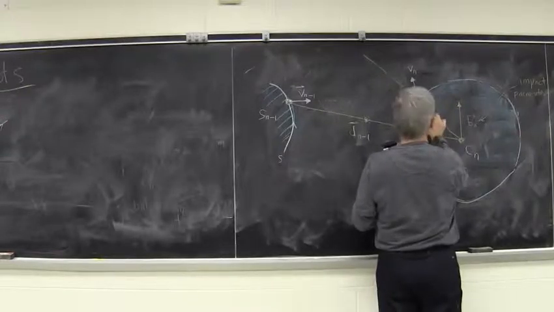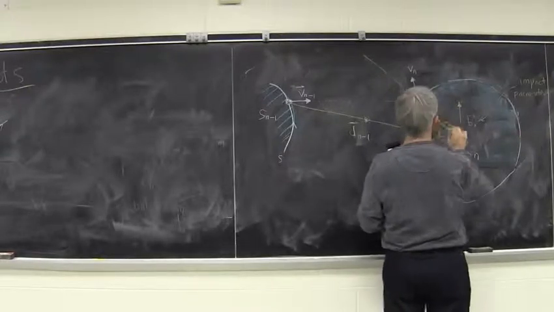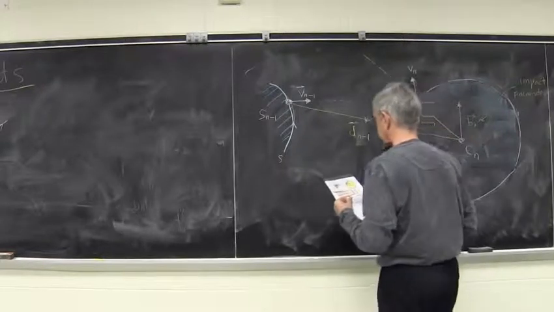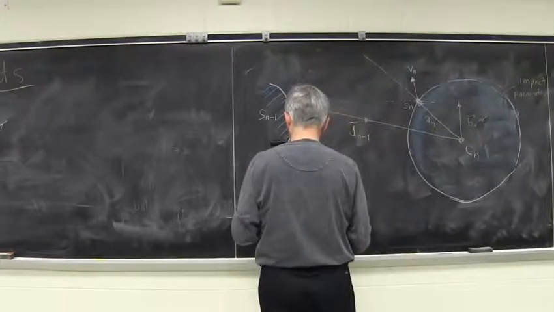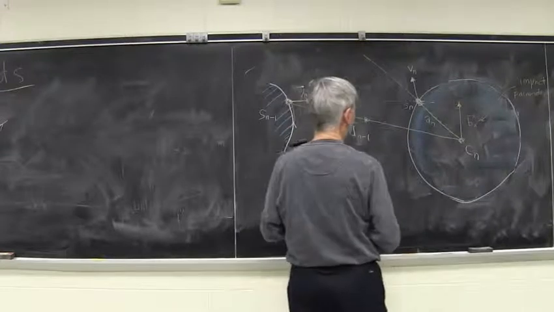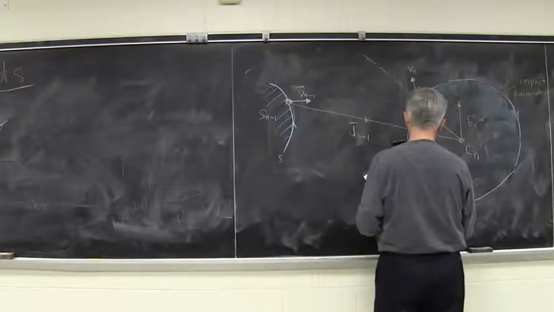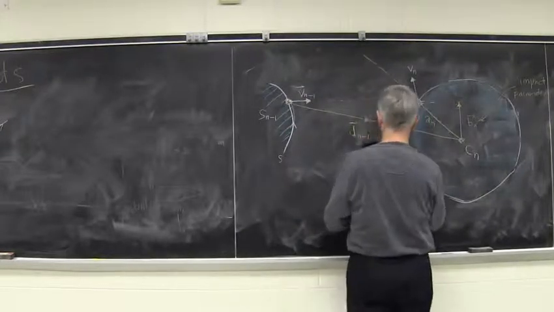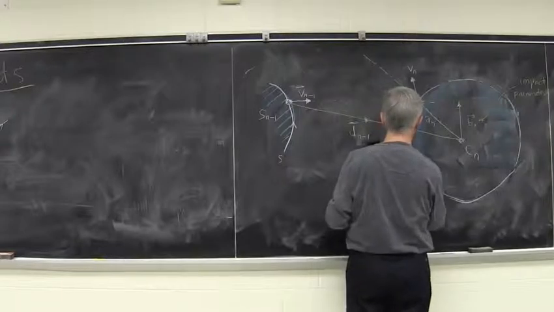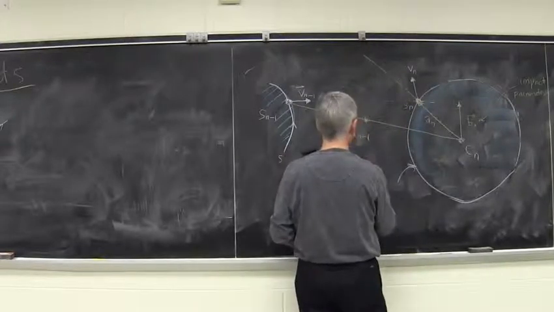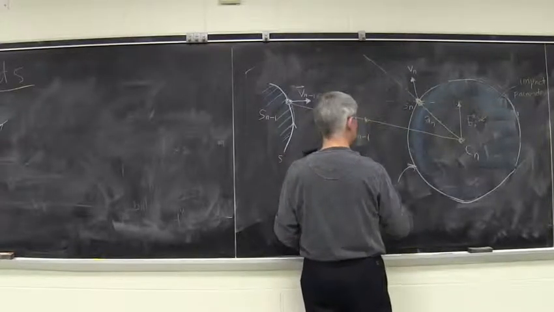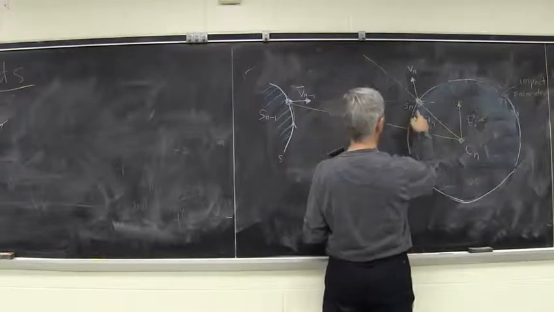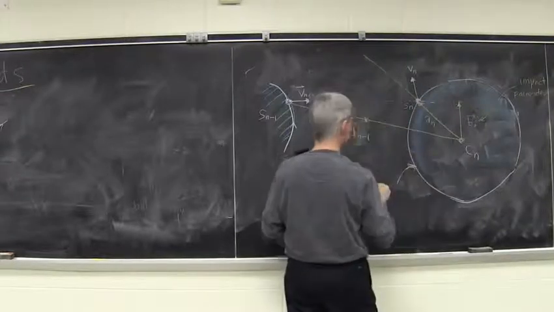I'll call this a_n. And the disk is defined by a point on the disk, for example, this point here.